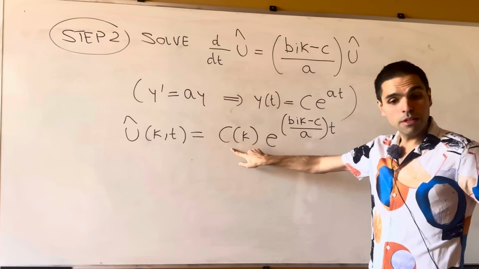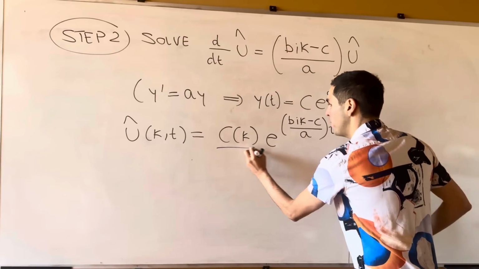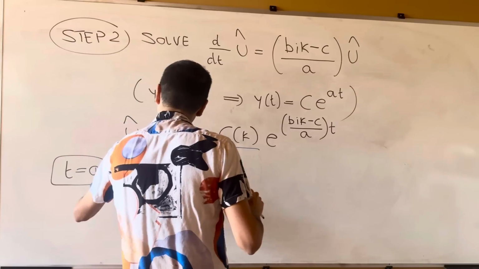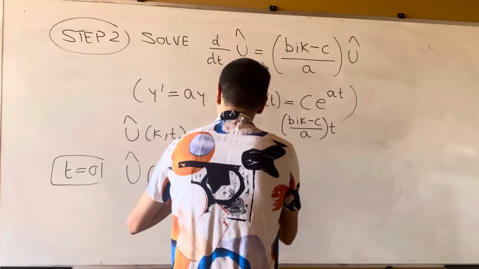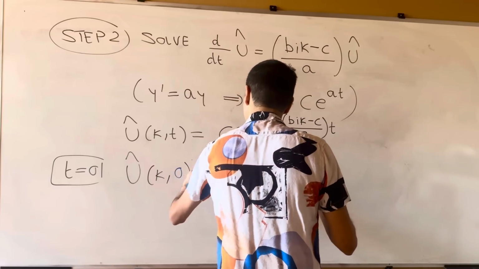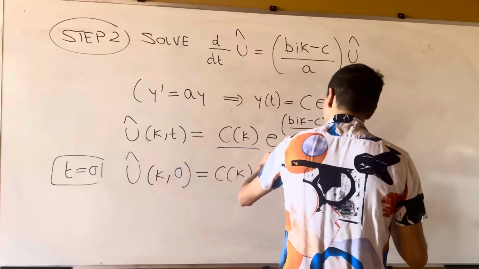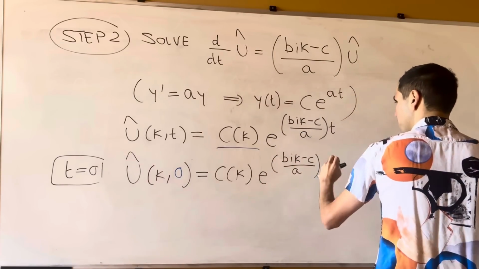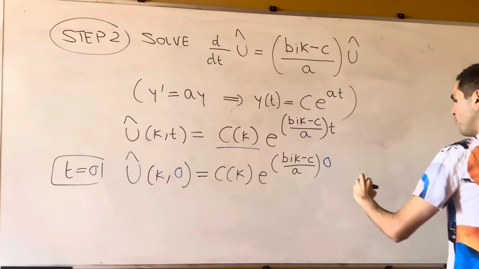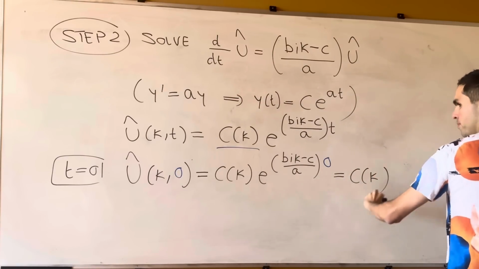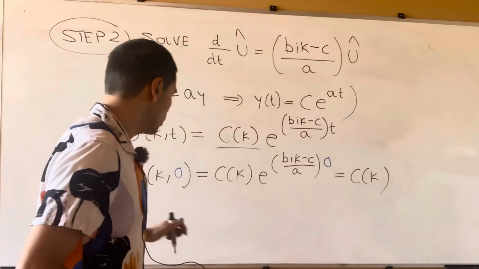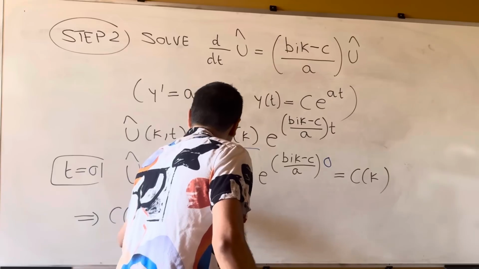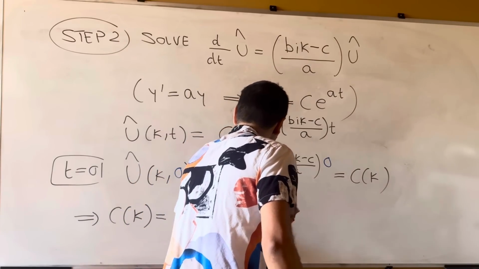Now, we can actually be more explicit and solve for C of kappa, because if you let t equal 0, then u hat of kappa and 0 is C of kappa e to the (b i kappa minus c) over a times 0, which simplifies to C of kappa. And then what we end up getting is C of kappa is u hat of kappa and 0.